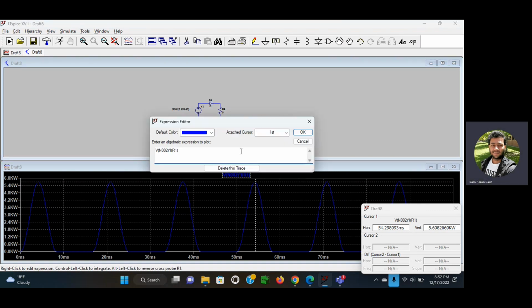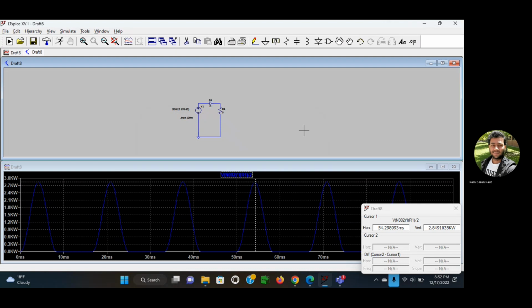Now to get the exact power, these voltages are in peak voltage. So these are in peak magnitude for both voltage and diode. To get diode, we need to divide by 2. So 2.85 kilowatt. I think I'm missing something.